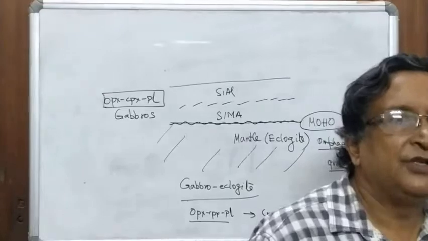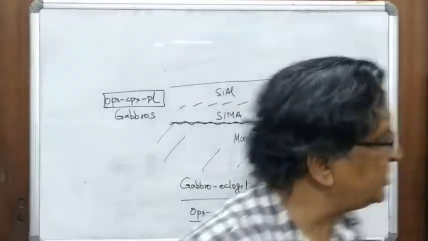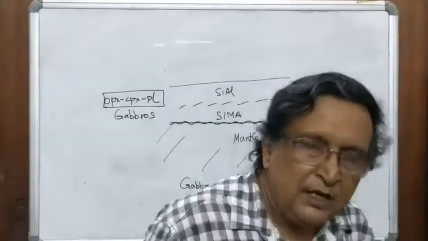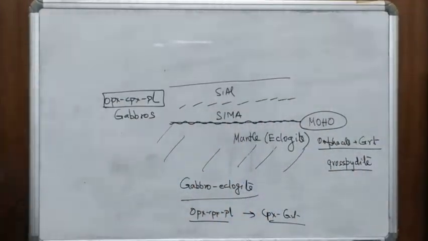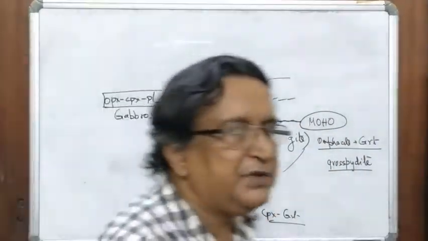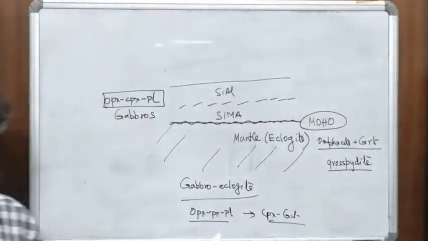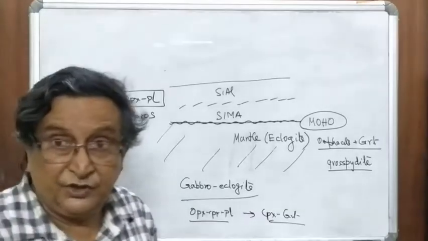This was the debate. The other part of the debate was that geophysicists used to take the stand that the Mohorovicic discontinuity is not a phase change boundary, but a chemical discontinuity.